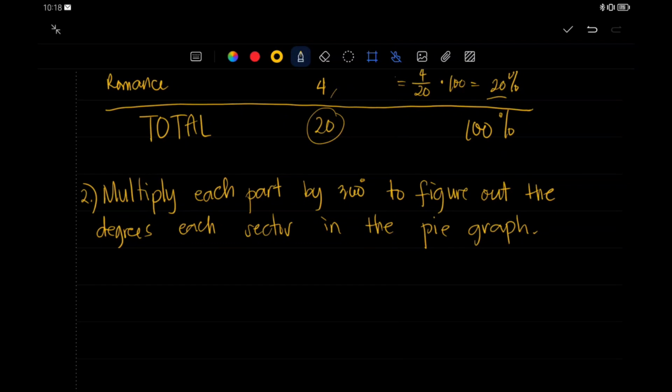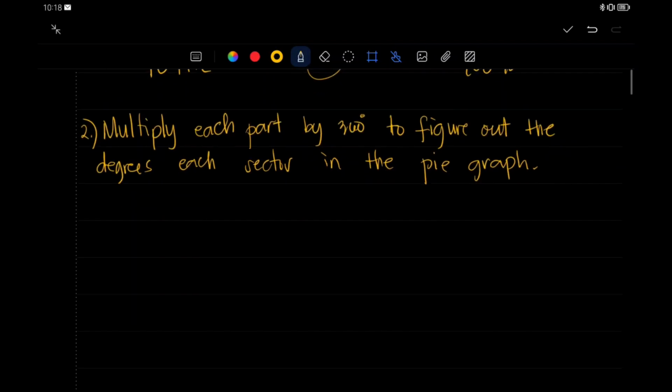Now let's go back. We have here the type of movie, the number of votes, the percent of each vote, and the degrees of each sector.